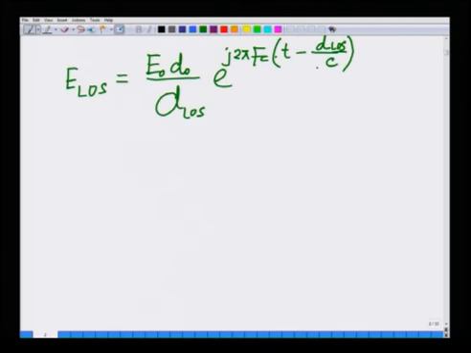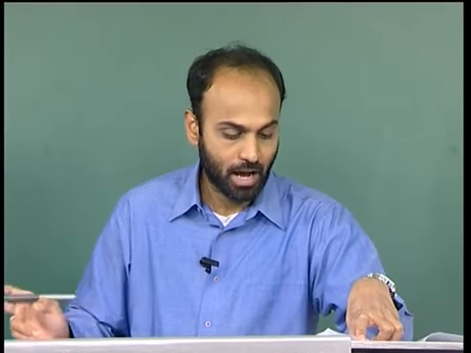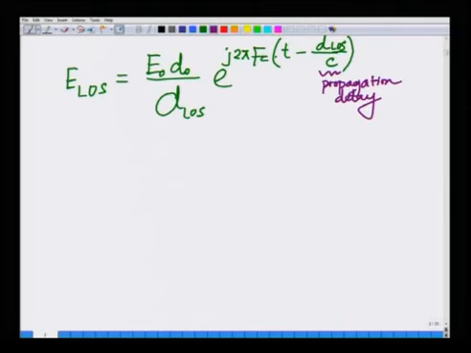This is simply the propagation delay which results in the phase difference at the receiver, that is the phase lag at the receiver compared to the transmitter.